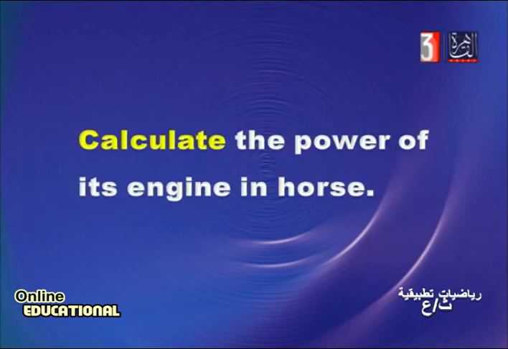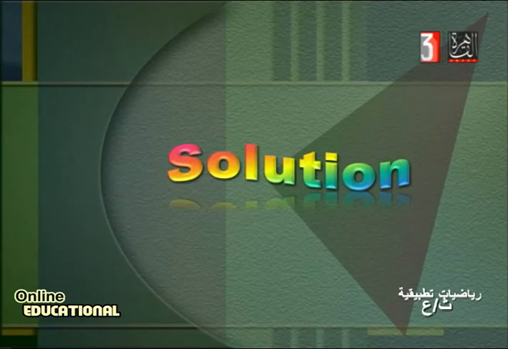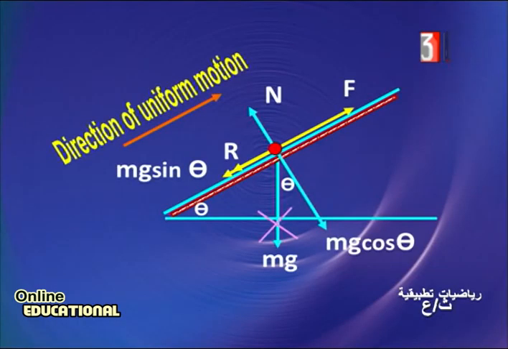Now we have a car of mass 9 tons ascends a slope inclined to the horizontal at an angle of sine 1 over 125. The motion is upwards the plane. Now, what are the forces acting on the car in this case?